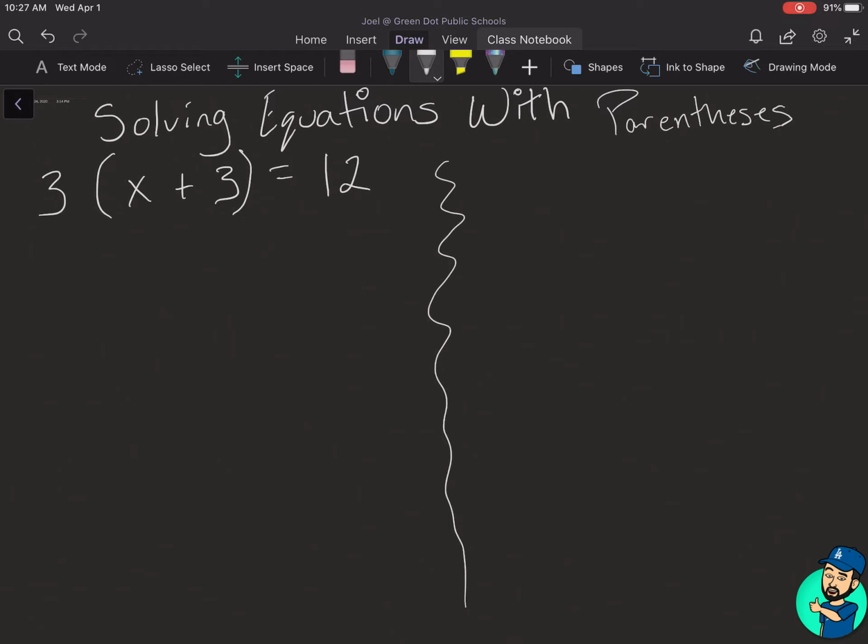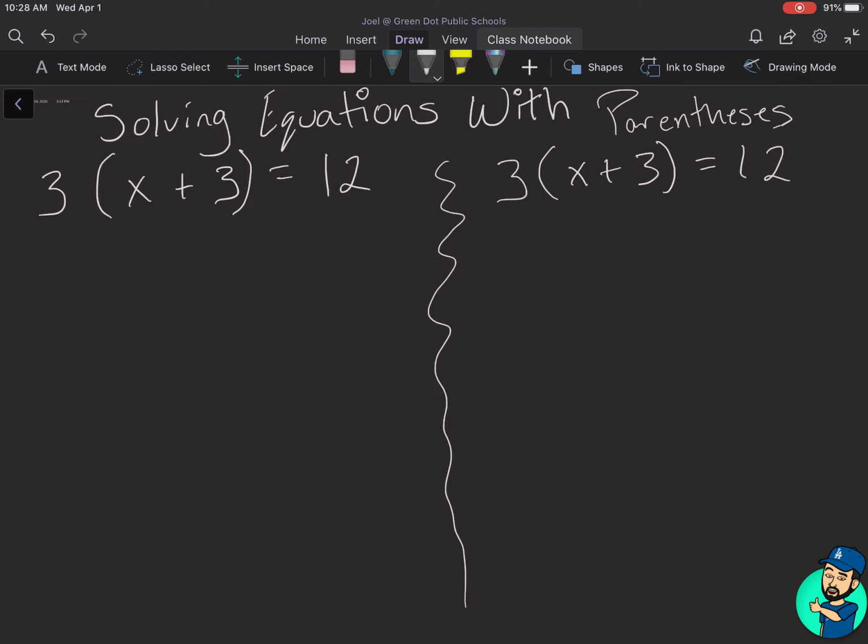Now I'm going to copy this on the other side as well. 3 parentheses x plus 3 close the parentheses equals 12. Like I said, feel free to pause the video right now and try solving it both ways. If you only know one way, that's fine. Try it out. Practice makes perfect.